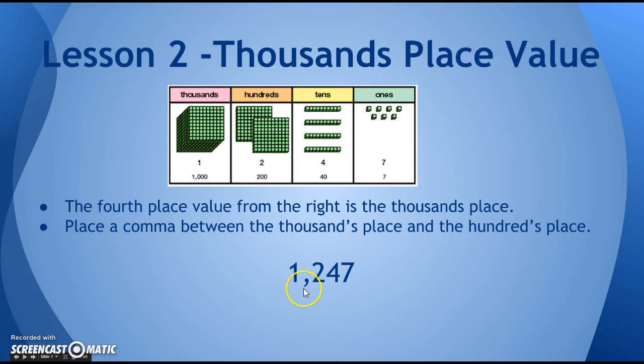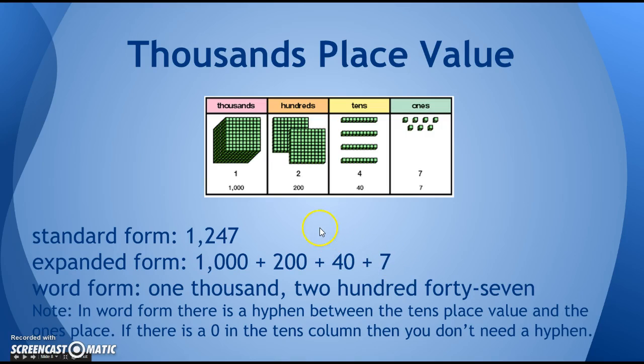So right here we have a comma between the 1 and the 2, and we read this as 1,247. So here we have the standard form, 1,247. In expanded form, we do the same thing as we did with our earlier examples, but this time we're representing the thousands place value.